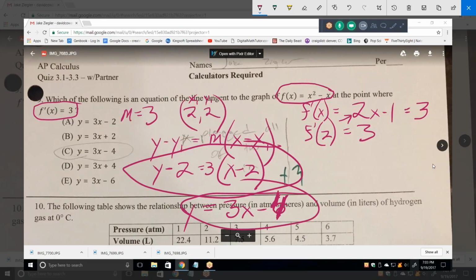That's why I asked if you really knew how to do it, or did you just kind of guess? You said you tried points. Not quite sure what that means. We didn't know. We just plugged in all the equations and see which one worked. Which one was a tangent to x squared minus x. Okay.